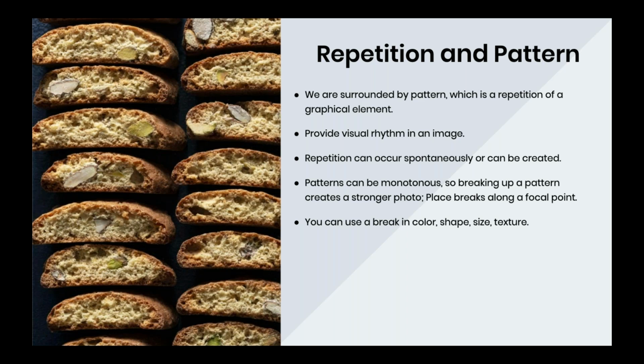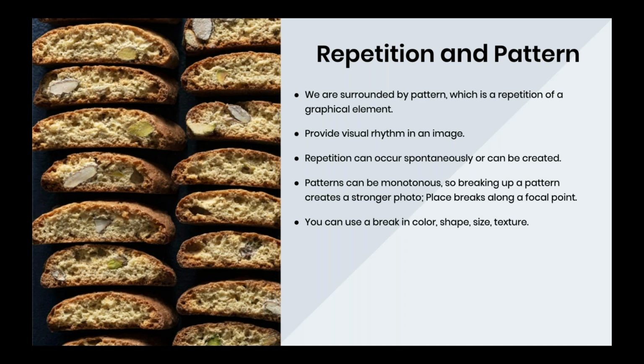But one of the things I was careful to do was keep it quite consistent, but also not too perfect, because then it might have ended up looking a little bit monotonous. Patterns can tend to be monotonous anyway, so it's important to break them up a little bit, and that's going to create a more dynamic photo.